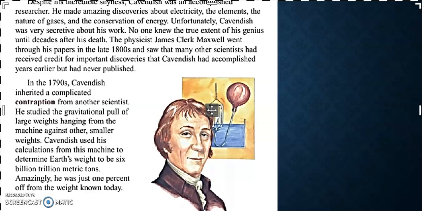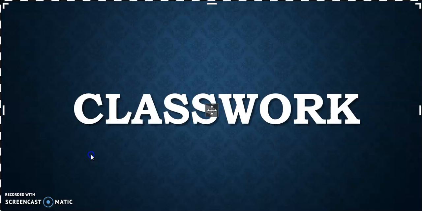Cavendish used his calculations from this machine to determine the Earth's weight. O sea, él pesó los gases y pudo clasificarlos en gases livianos, como el nitrógeno, y otros gases. He discovered some combinations of gases, and he was an amazing scientist in the process of science. So let's go to the classwork and answer the questions.